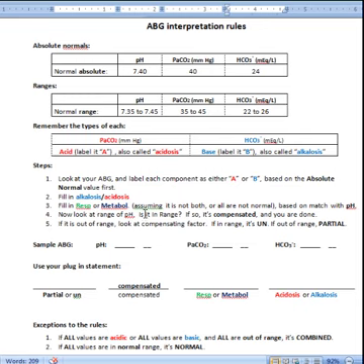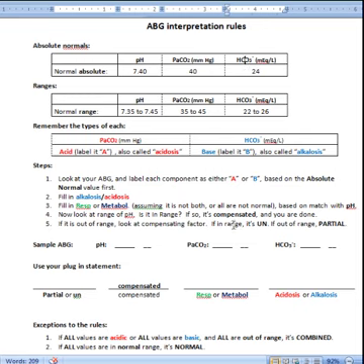Finally, we look at the range of the pH. Is the pH in our blood gas in range? If it is, then it's a compensated blood gas and you're all done. If it is out of range, you have to look at the compensatory factor. That is the one that is compensating for the causal factor.